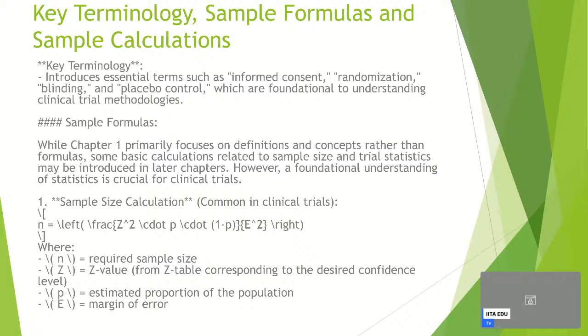We're going to use examples to demonstrate this. n is the required sample size. Z is from the Z table corresponding to the desired confidence level. P is the estimated proportion of the population, and E is the margin of error.